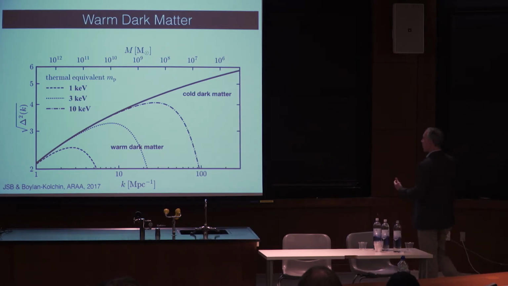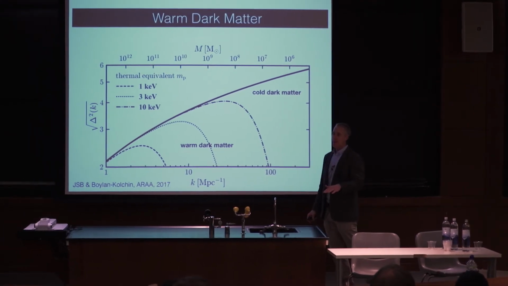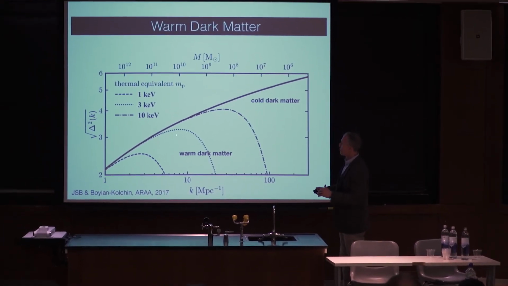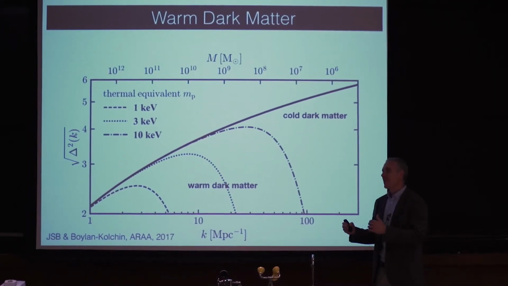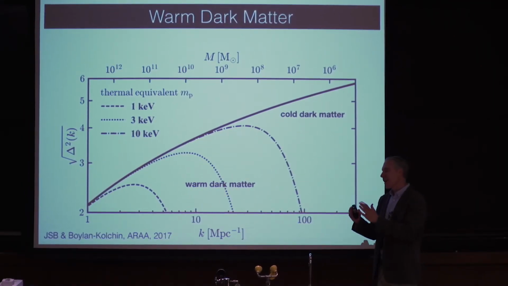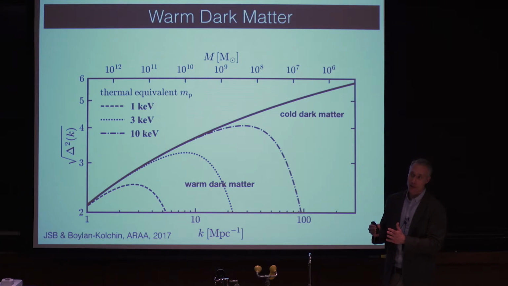But a place where you start to maybe see differences is in high redshift galaxy counts. So when things were going mildly nonlinear, you might start seeing things right at that scale. This might be redshift 10 galaxy counts, for example.